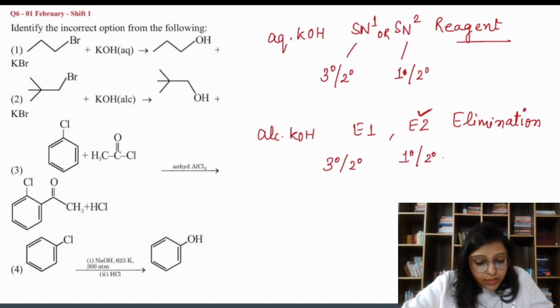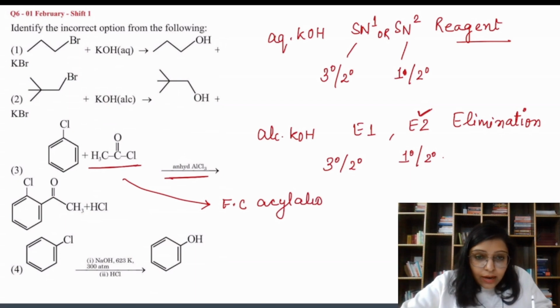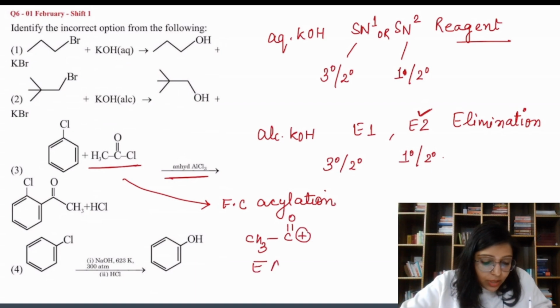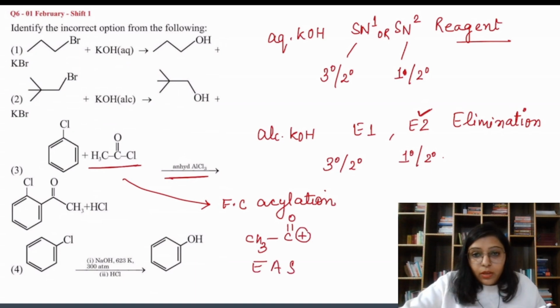Theek hai. If we see this CH3COCl and anhydrous AlCl3, they are the part of Friedel-Crafts acylation. So in Friedel-Crafts acylation, we have the generation of CH3, C double bond O positive, and we have electrophilic aromatic substitution. Now here NaOH and Cl.